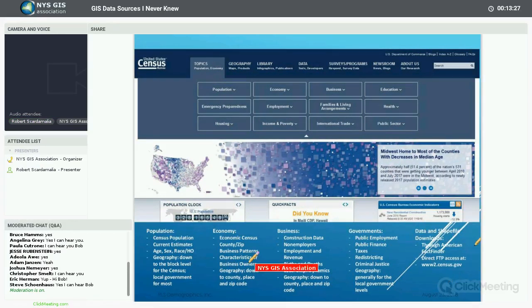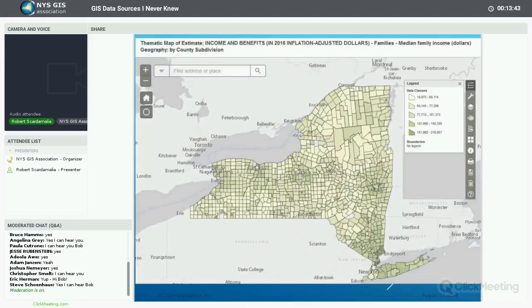And here, the Census Bureau allows you to download all of the geographic boundary files, shape files, through American Fact Finder and directly through their FTP site. So there's a tremendous amount of data available from the Census Bureau, not just demographics. And I don't know if you've experienced it since you're GIS professionals, you probably don't use it.